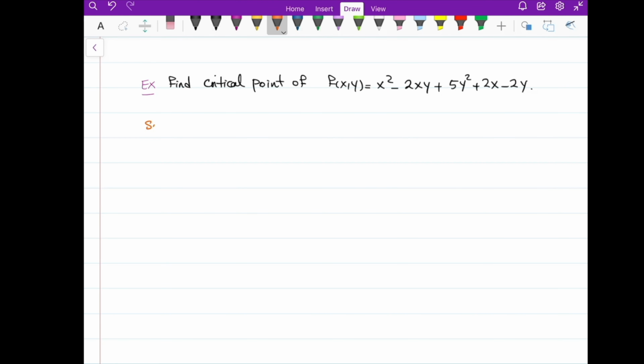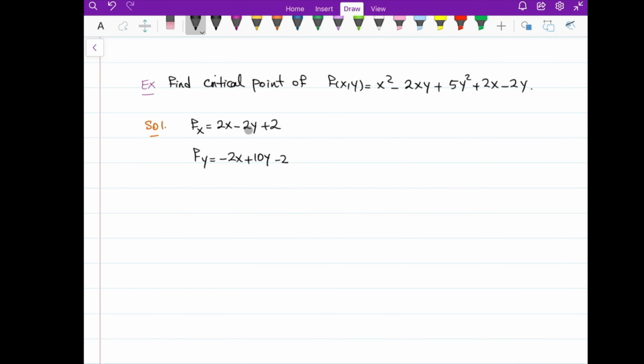Okay, to solve that, I'm gonna take the partial derivative with respect to x first. So I get 2x minus, with respect to x, y would be constant, so minus 2y plus 2. And then I get the partial derivative with respect to y, which is negative 2x plus 10y minus 2.